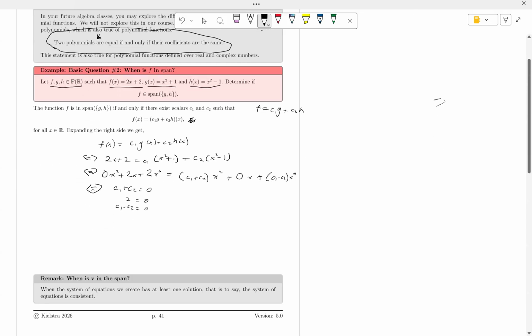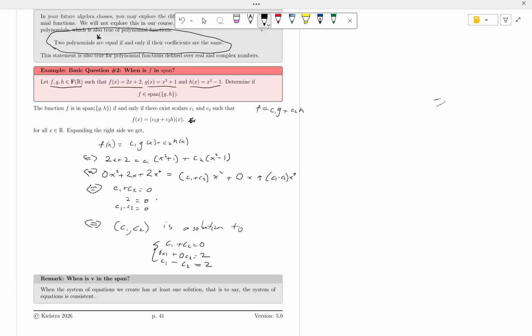And now this is true if and only if (c1, c2) is a solution to the system c1 plus c2 equals 0, 0 c1 plus 0 c2 equals 2, and c1 minus c2 equals 2.